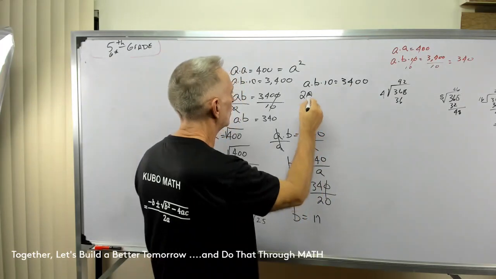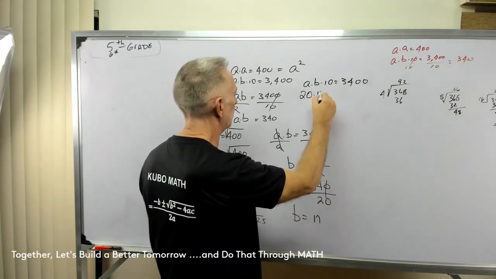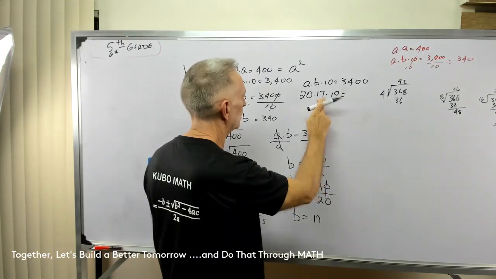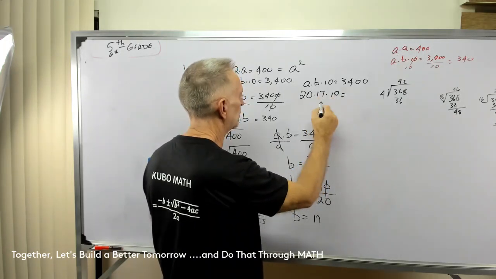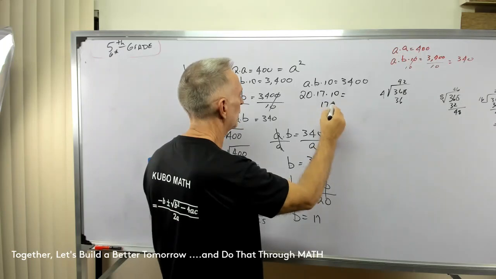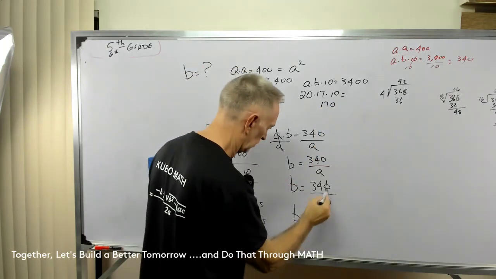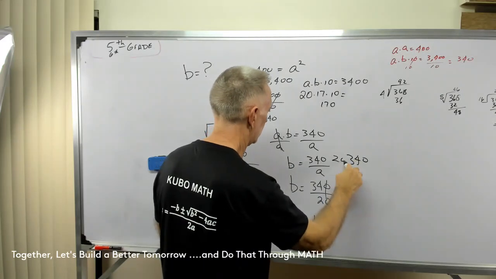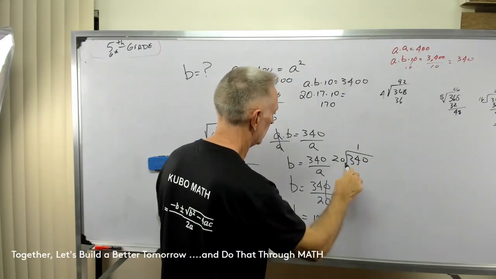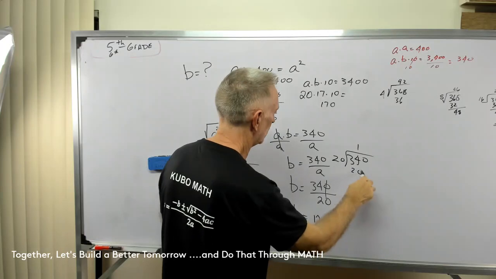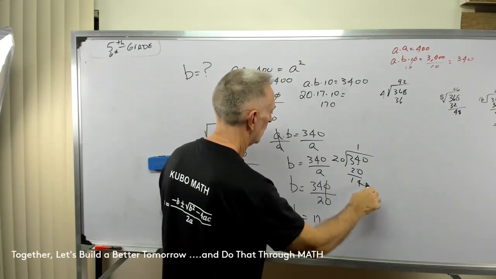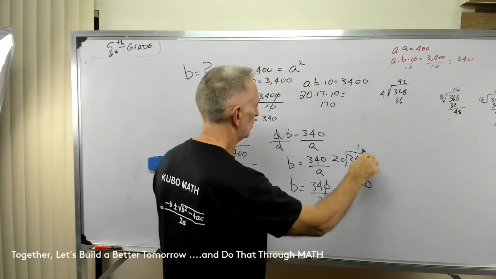Okay? So 20 times 17 times 10, they're saying is, so 17 times 10 is 170. Oh, sorry, 340. 20 times 17, bring down the 0, yeah, 17.